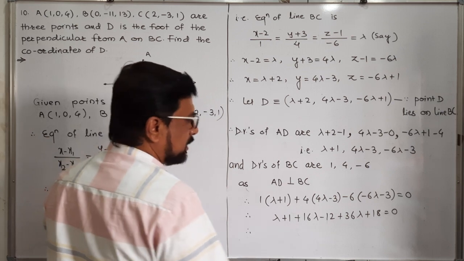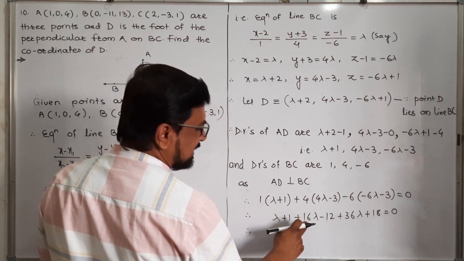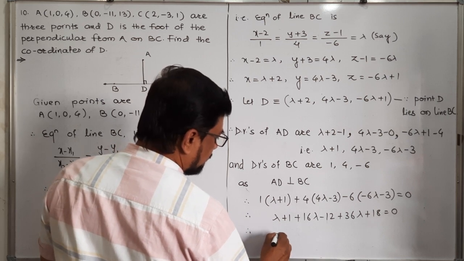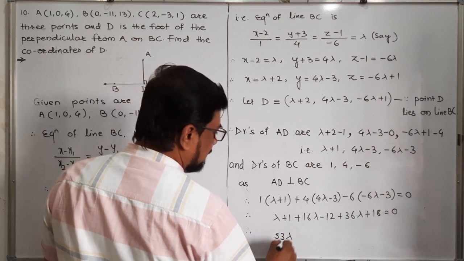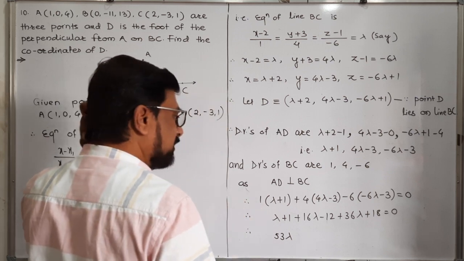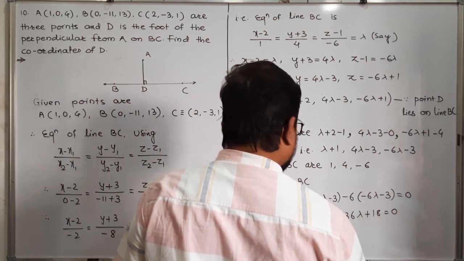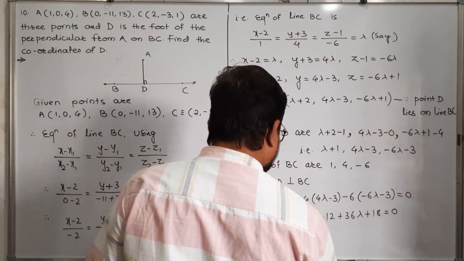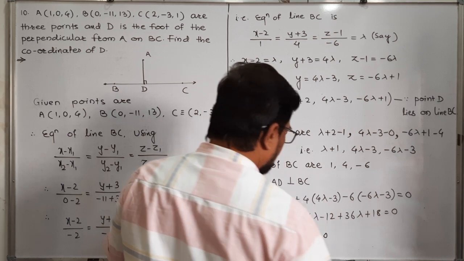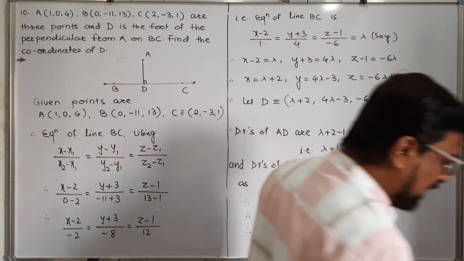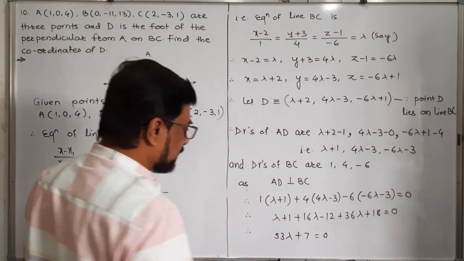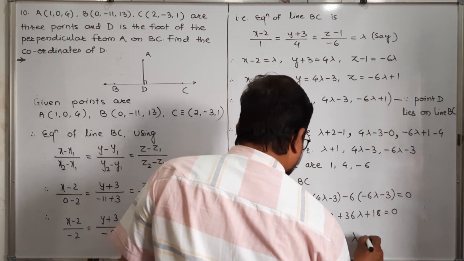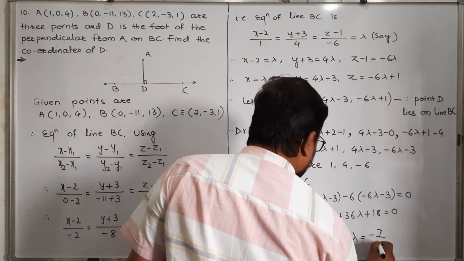Therefore, now 36 plus 16 is 52 plus 1, 53 lambda and 18 minus 12 is 6 minus 6 plus 1 is plus 7 is equal to 0. Therefore, lambda is equal to minus 7 upon 53.